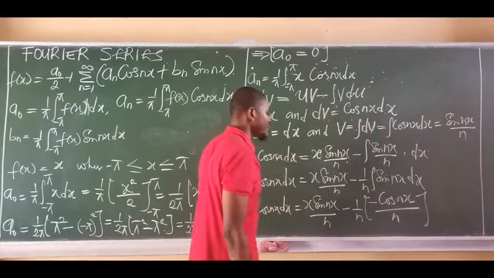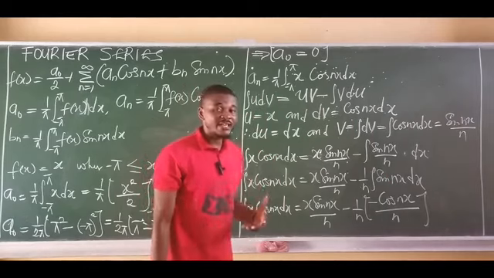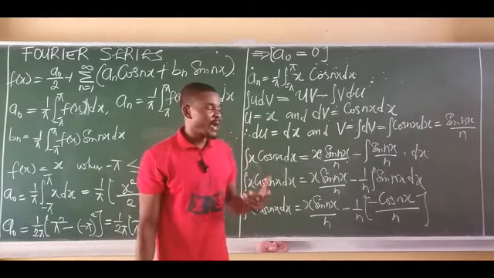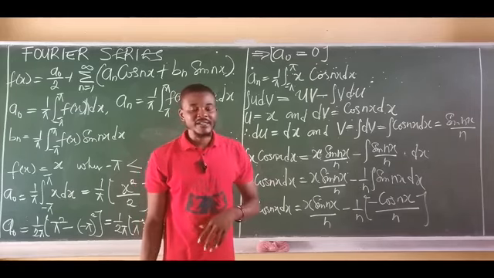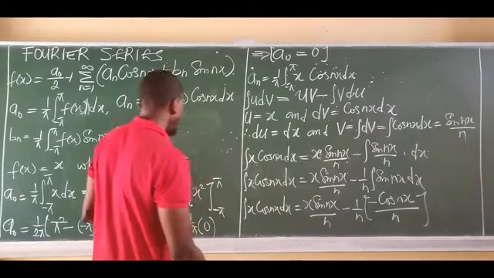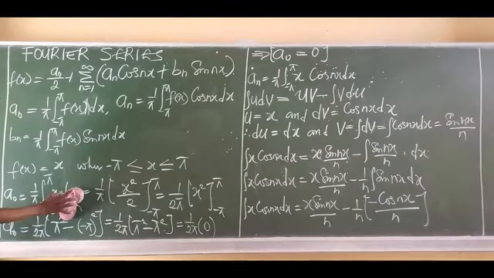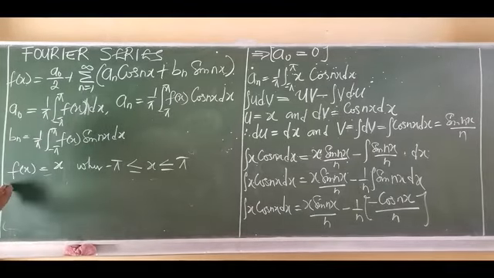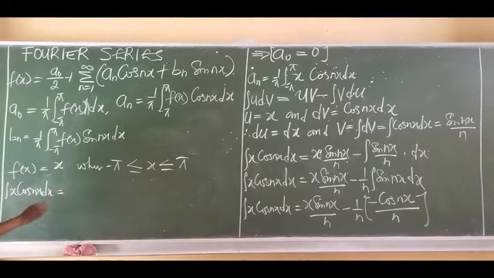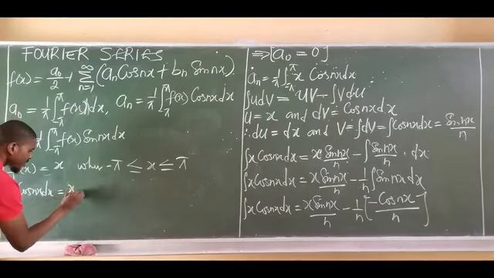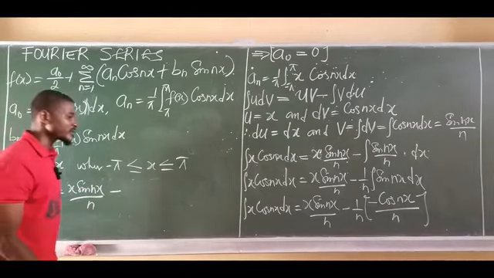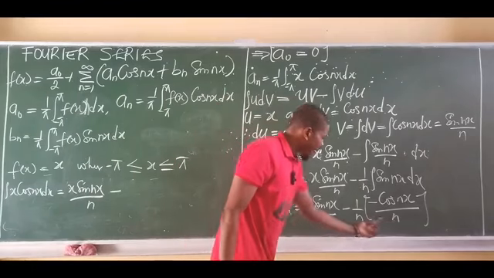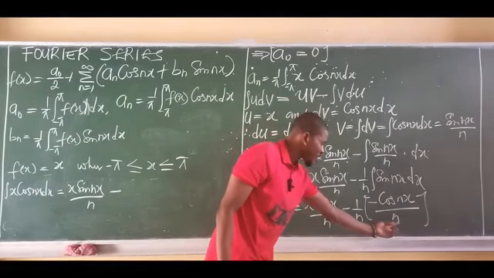Alright, so you simply have this. So keep that in mind. If I integrate sine, I'm going to have minus cos. But if I differentiate cos, I will have minus sine. Alright, keep that in mind. So we can continue over here. The integral of x cos nx dx is now equal to x sine nx all over n minus, now mind you, I can factor out this n over here.